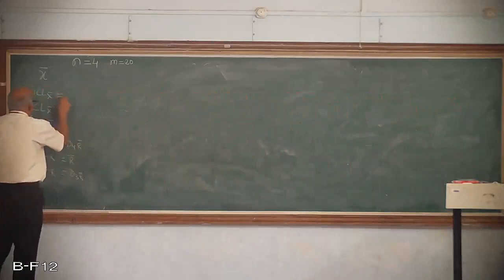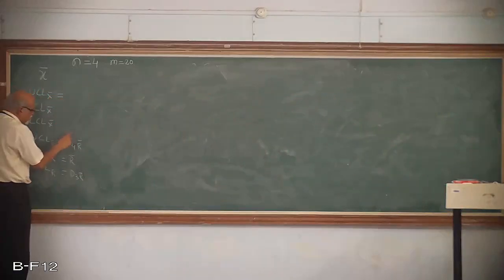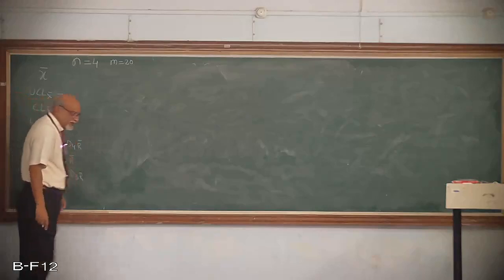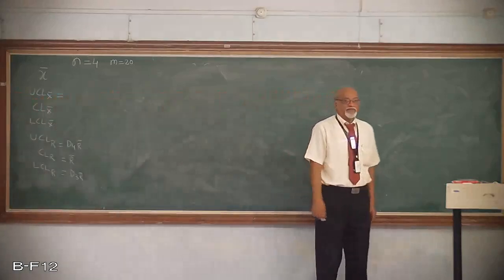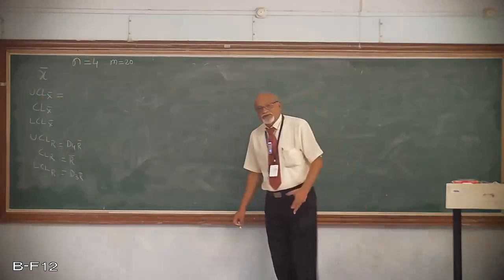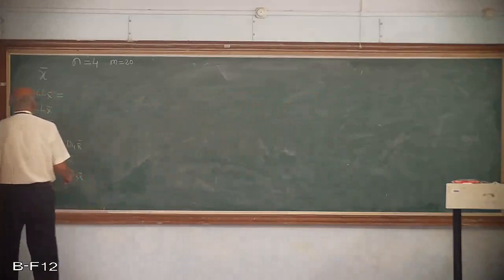Here, the upper control limit for the X bar chart is estimated from R bar. Actually, the upper control limit for the X bar chart would have been X double bar plus 3 sigma X bar, but we know this 3 sigma X bar can be found by using R bar itself.